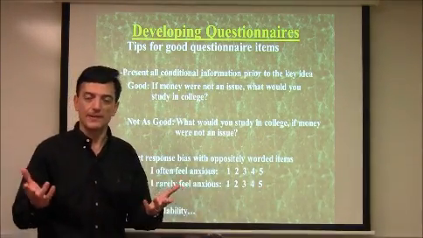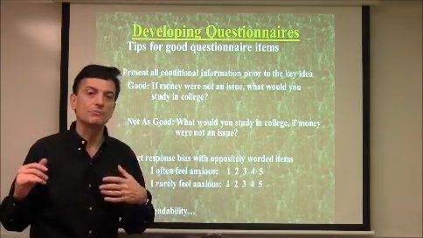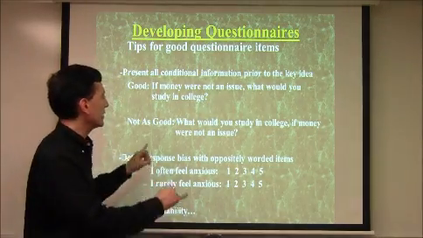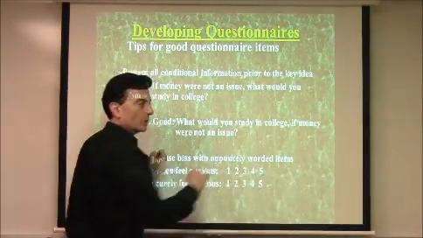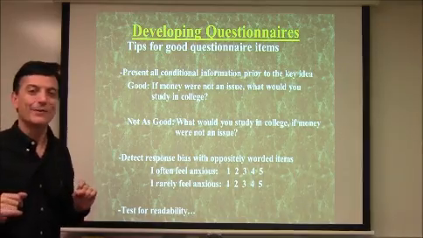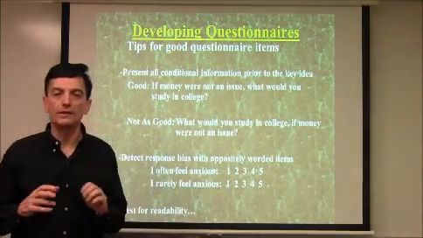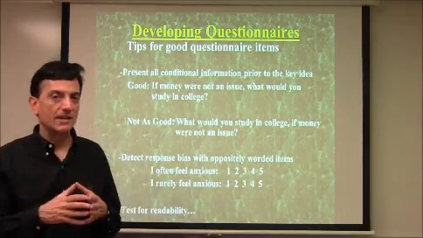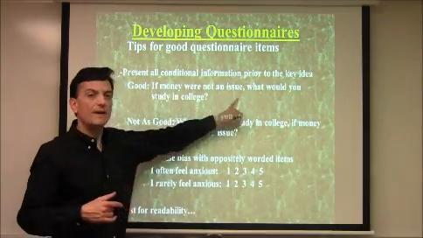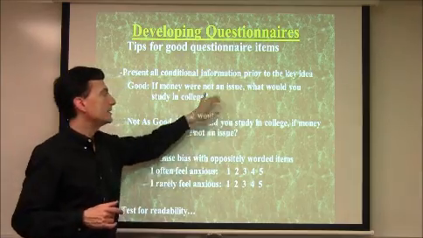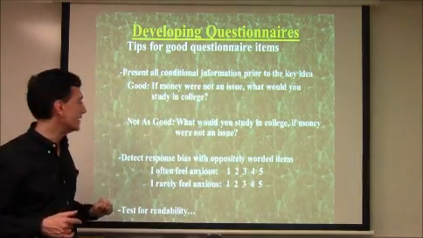I would take this trip. We don't really want to know what they would do with money in general. We want to know specifically what would they study in college. We could wind up distracting our respondent if we put the conditional information last. So people who run questionnaires on a regular basis have come to the conclusion it's best that if you do have conditional information, then you should make that before the primary idea.